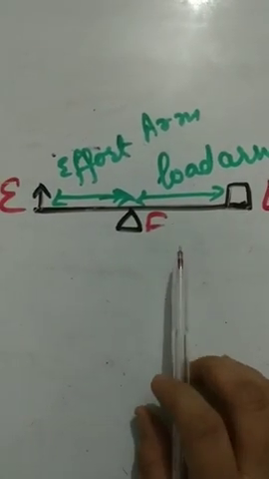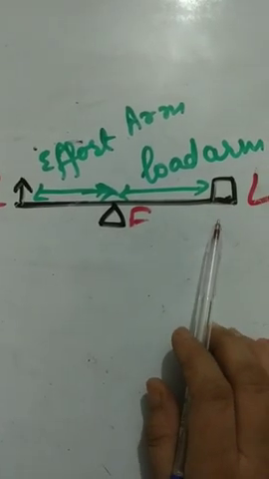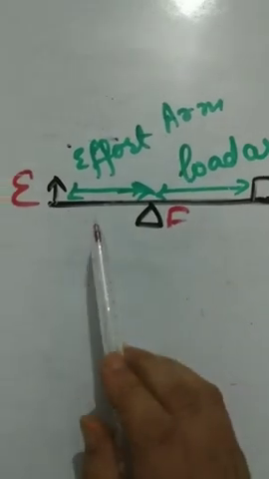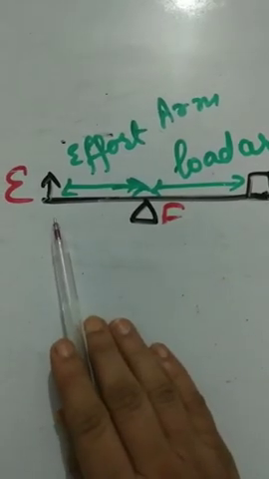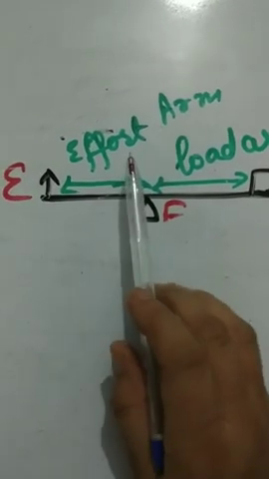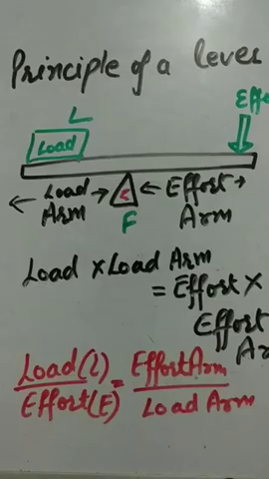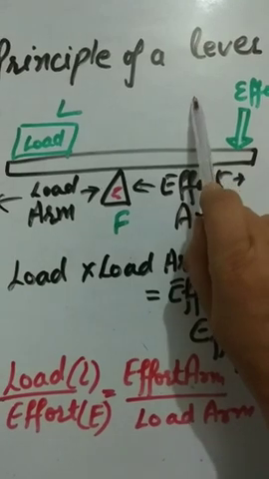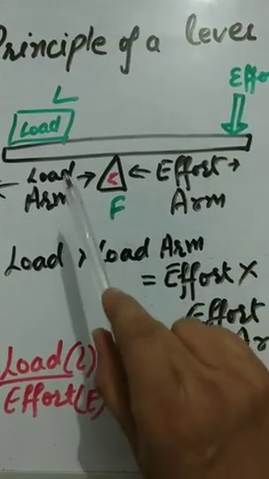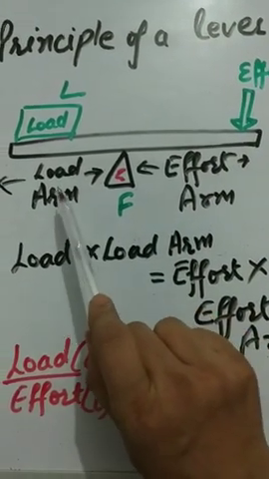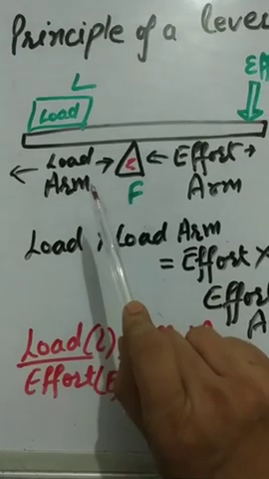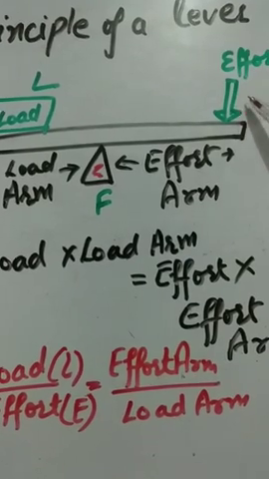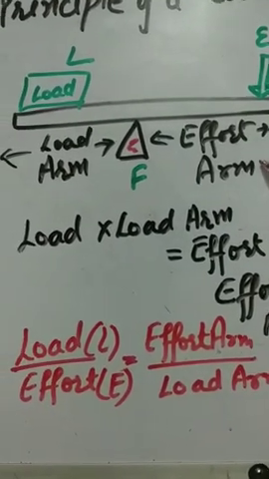The distance between the load point and the fulcrum is called the load arm. The distance between the effort point and the fulcrum is called the effort arm. Principle of a lever: the principle of a lever states that the product of load and load arm is always equal to effort and effort arm.